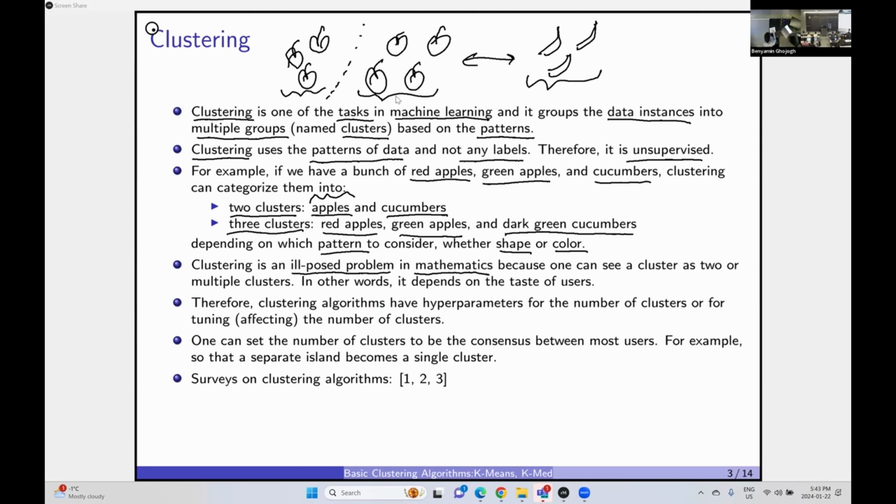In other words, it depends on the taste of the user. Now you might say, okay, so as it is an ill-posed problem, we should set the number of clusters, right? I want this number of clusters. So clustering algorithms have hyperparameters for the number of clusters. What do I mean by hyperparameter? Do you know that?